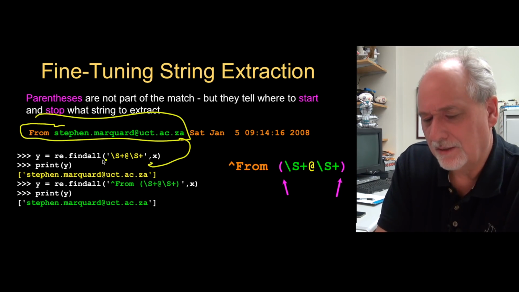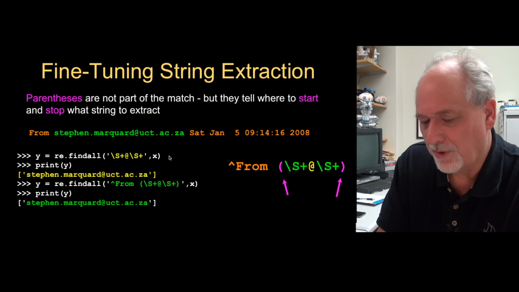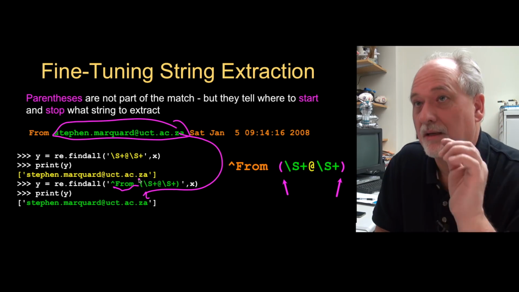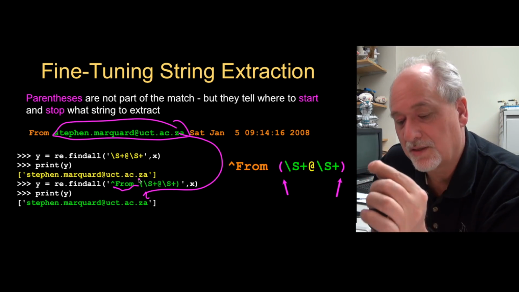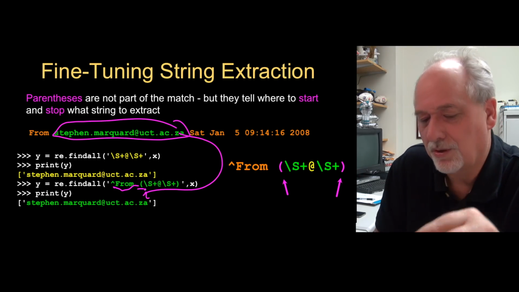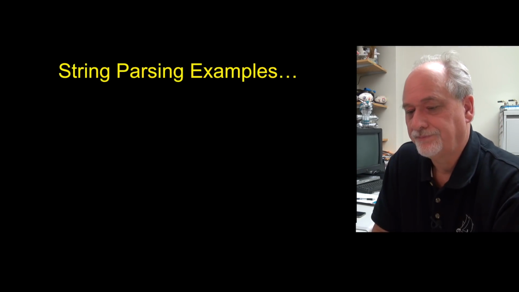Oh wait, no, okay, that doesn't have the from in it. But if you do that with the parenthesis, you match the from, but you only get this bit to come out. So you can add this to make the matching part more precise, but without changing what you get returned, and you specify what you want to get returned with the parentheses.